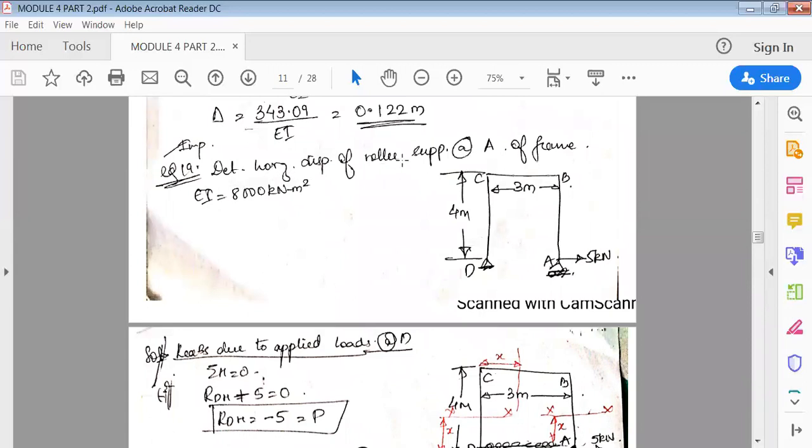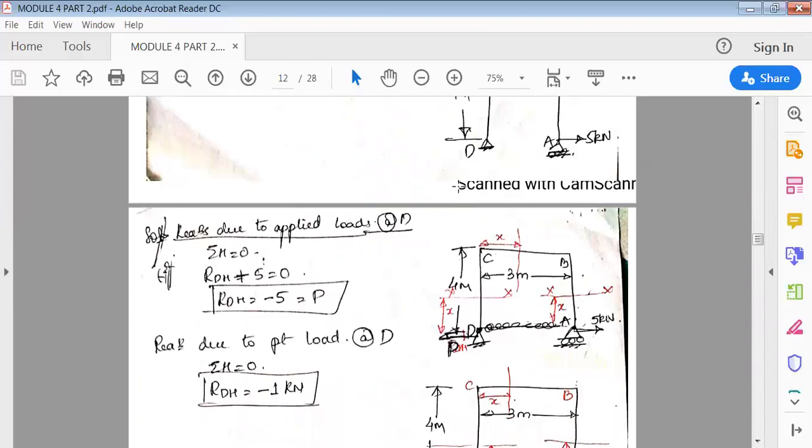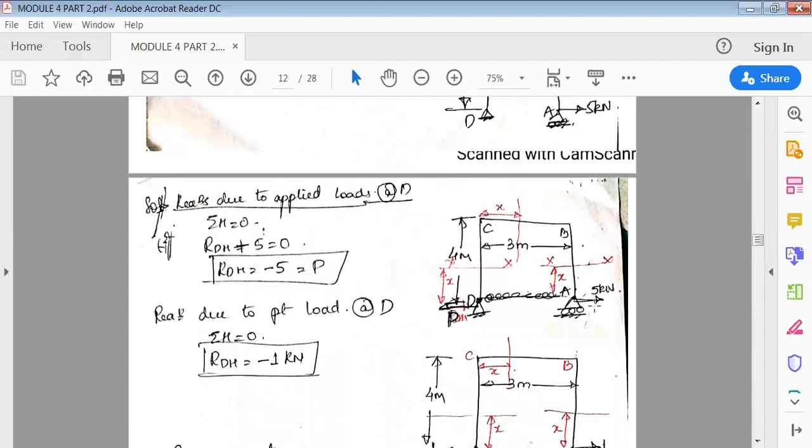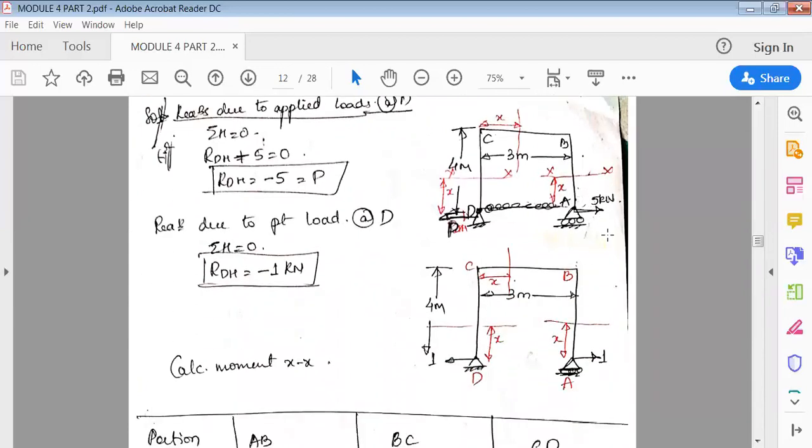Here they've asked us to find the displacement at A, so at A we remove this 5 kilonewton load and add a 1 kilonewton load. Now again RDH is minus 1, and minus means acting to the left side. So 1 kilonewton is shown.